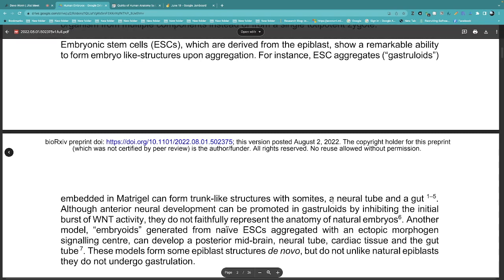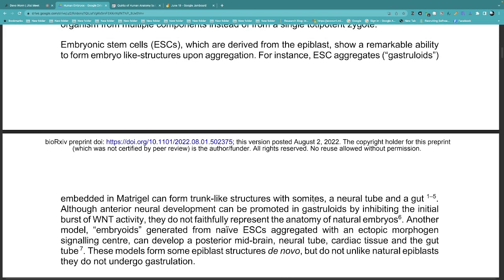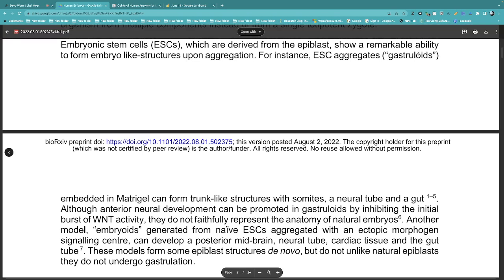So these are all things that we're looking for in the embryo that you can actually recapitulate in gastroloid models, which are a bit different than embryoids because they're at the stage of gastrulation in development, which is where you start to see some of the structure.